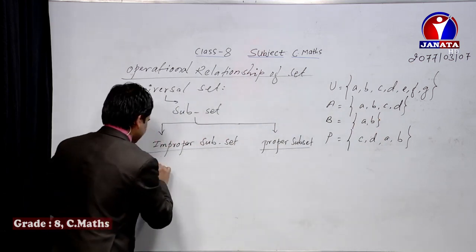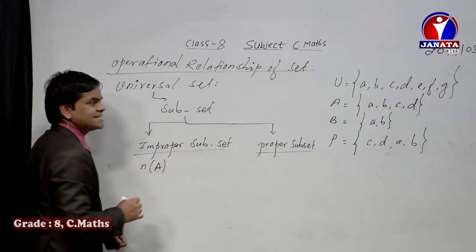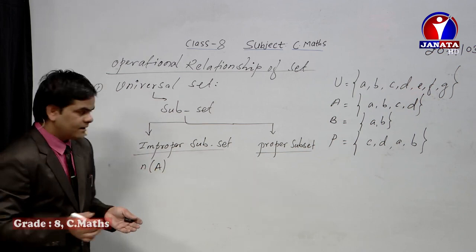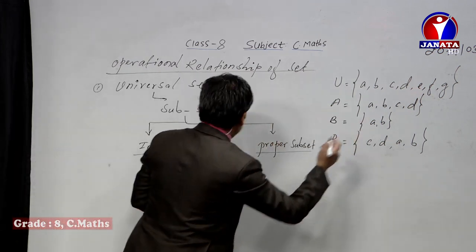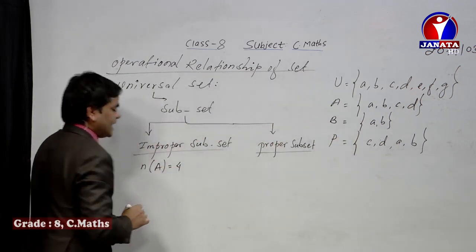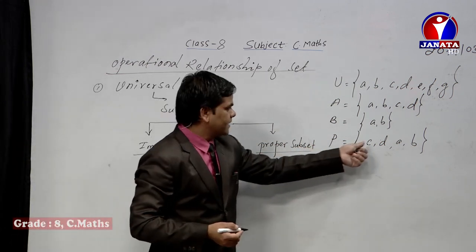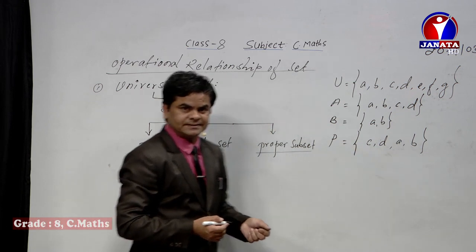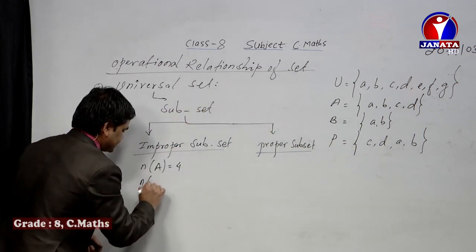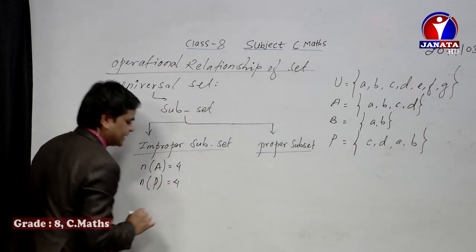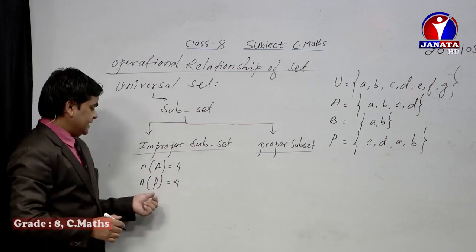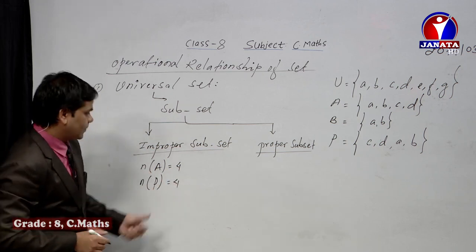Cardinally, if you write, the number of elements contained in set A, B, C, D, there are 4. And if you see the subset P, here are also 4 elements. Cardinally, the elements are also equal.